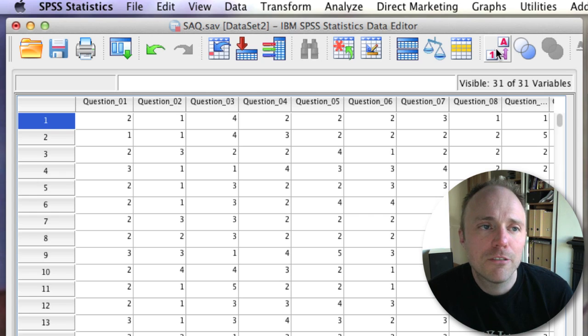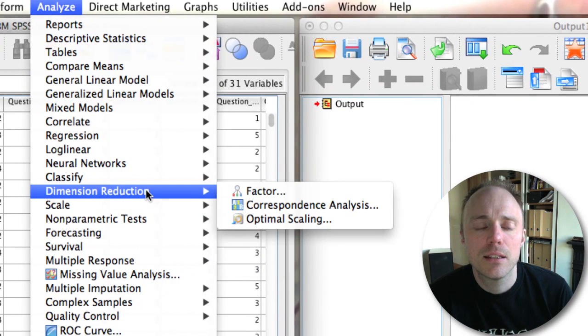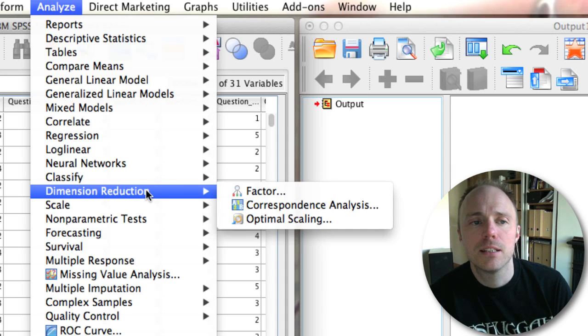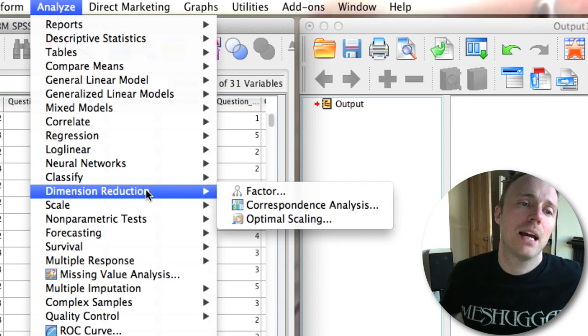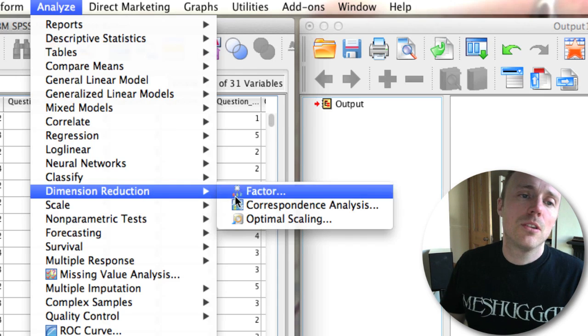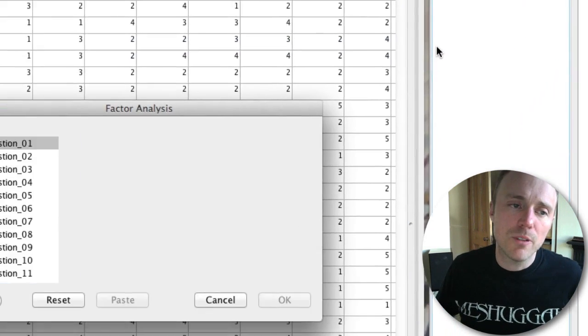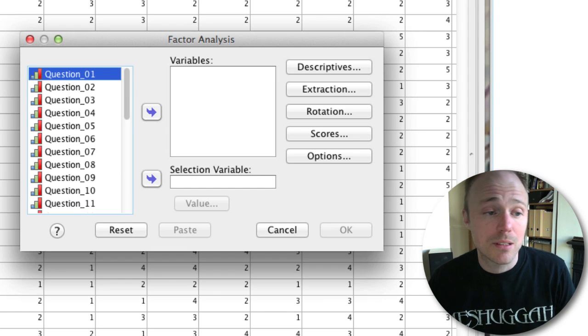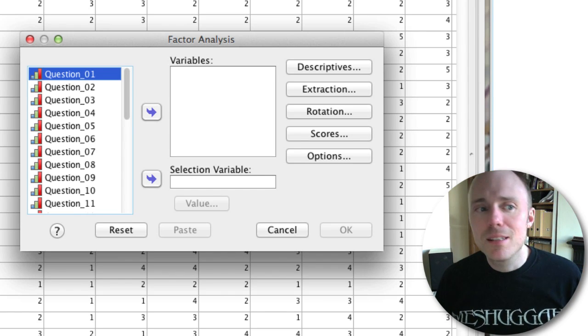Okay, so in terms of doing the factor analysis, you want to be in the Analyze menu, and factor analysis you can find in the dimension reduction part of the Analyze menu. Within that there's an option for factor, which is where you find factor analysis and principal components analysis for that matter. It couldn't really be simpler to do.